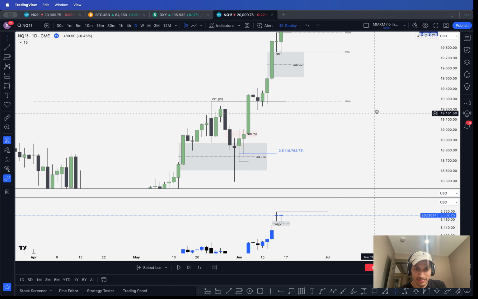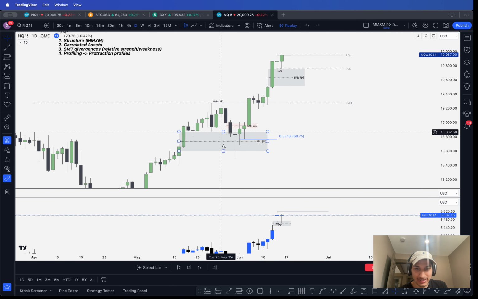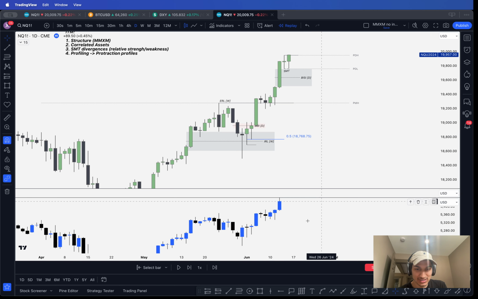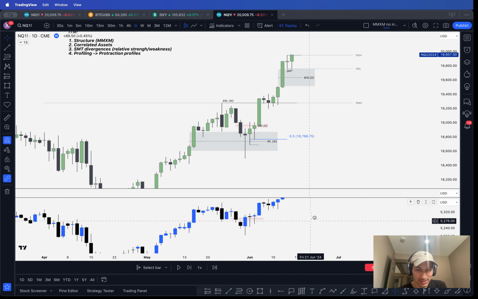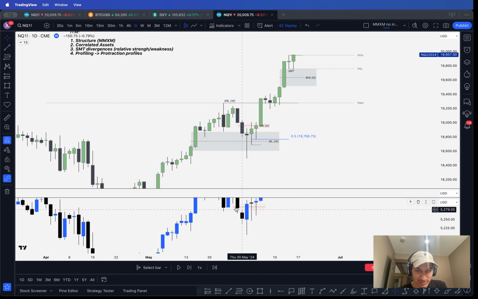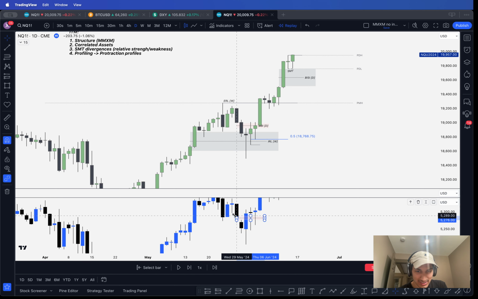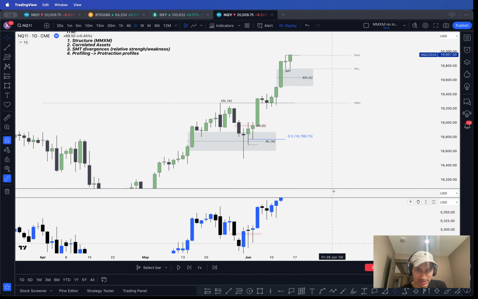What happens is that price trades into the previous day high, into the daily SIBI, and mitigates it. Now look at what happens on the ES. The ES trades through that imbalance with a candle body closure through that volume imbalance, and also an inversion of the fair value gap itself.